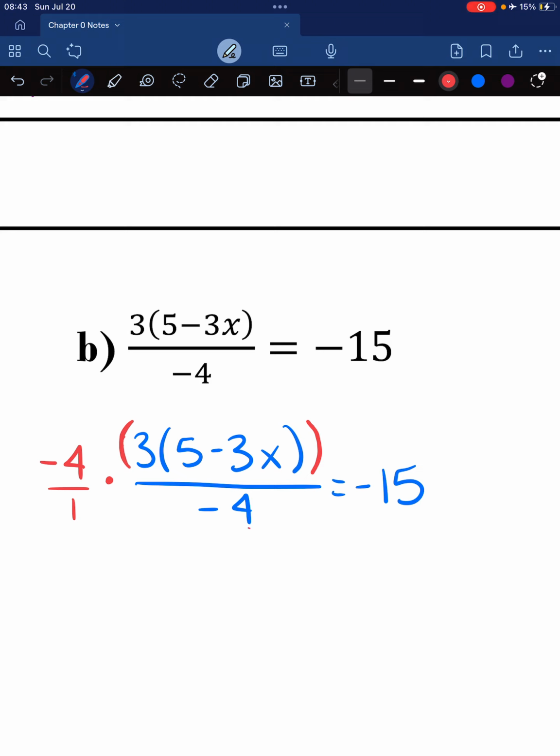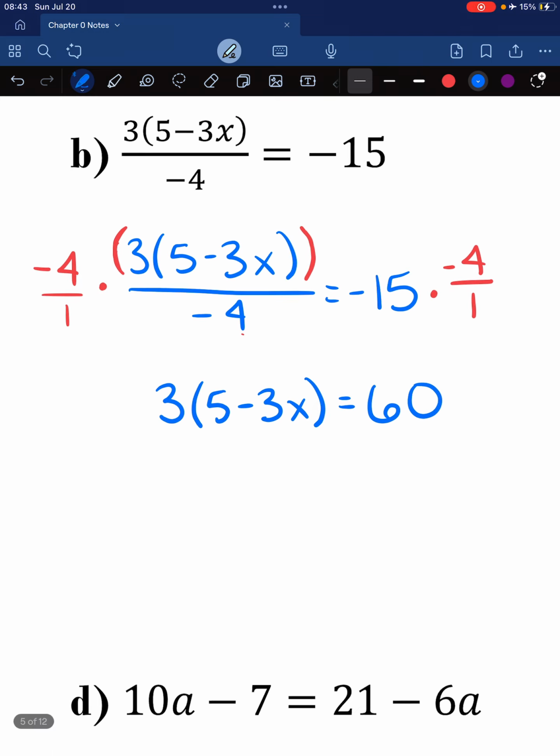We can think of that as -4 over 1, because those would cancel out. But if I multiply the left side, I need to multiply the right side in order to leave the equation balanced. Okay, so I am left with 3 times 5 minus 3x equals positive 60.